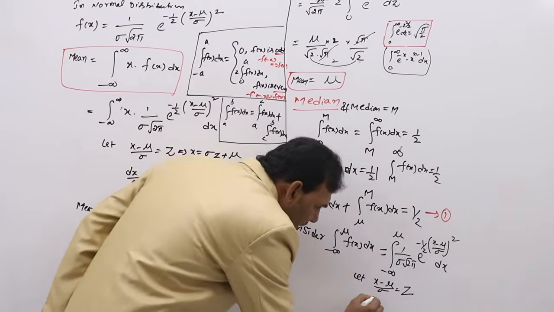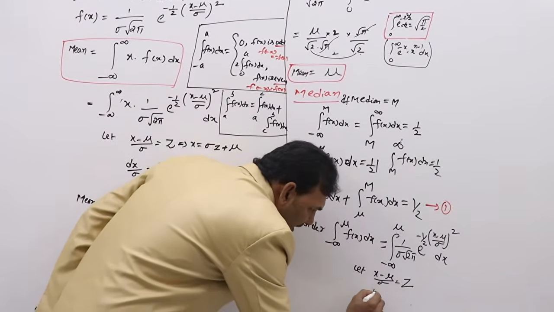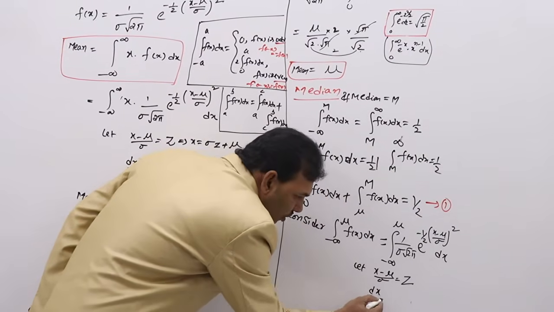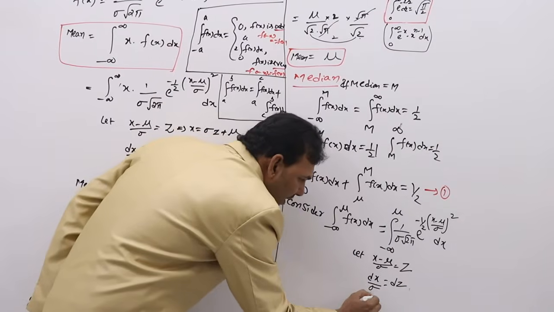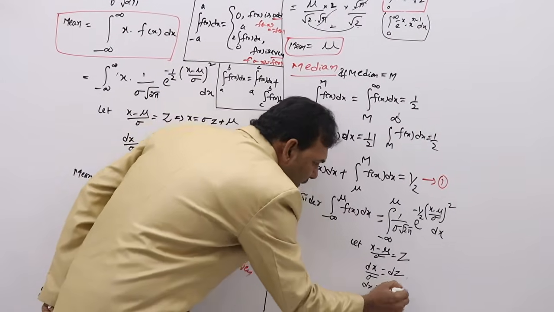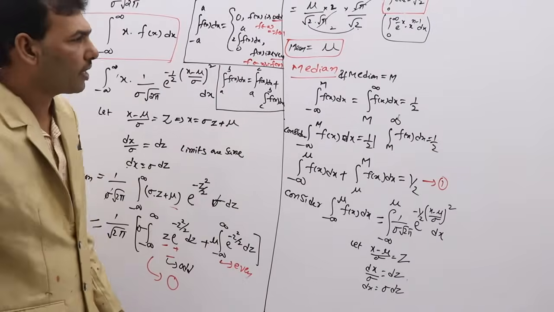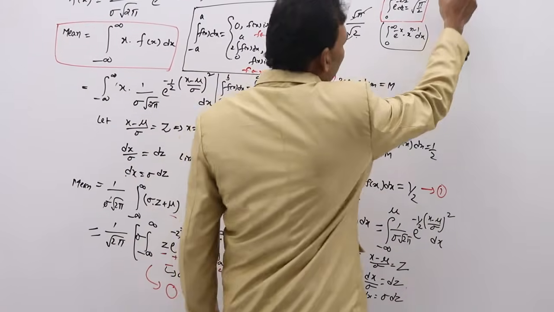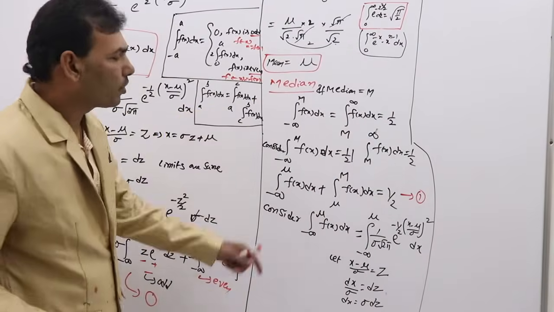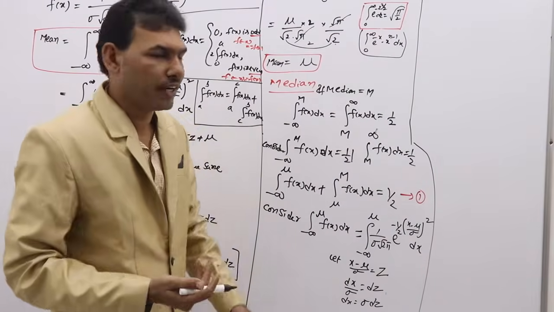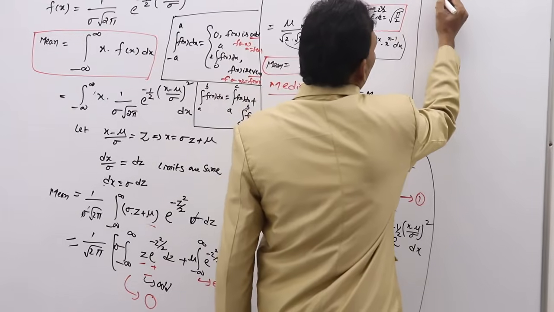Now differentiation: dx by sigma is dz, so dx equals sigma dz. This we did for the mean, the same one. But coming to the limits, because we took one new substitution here, we need to check whether the limits are the same or different.